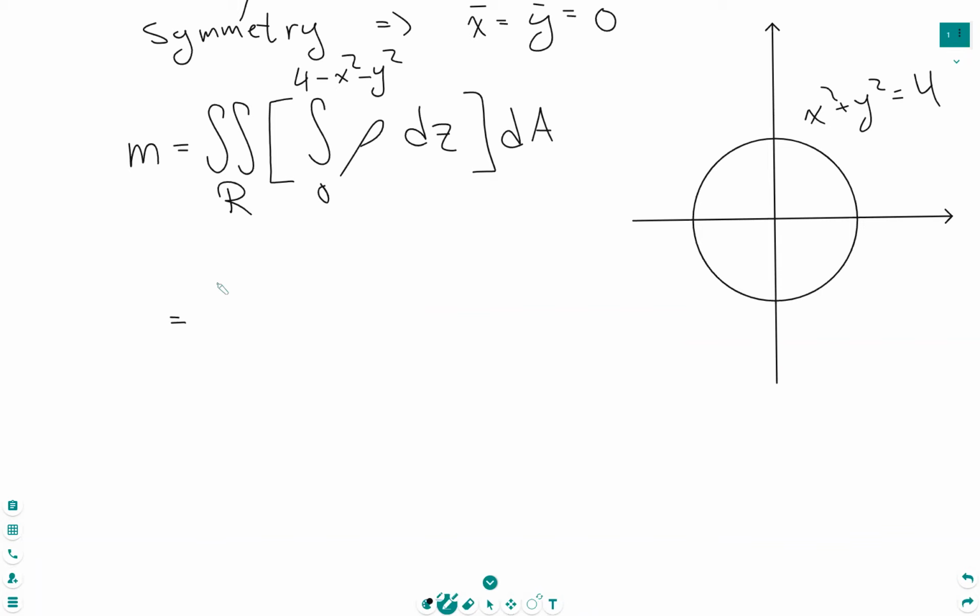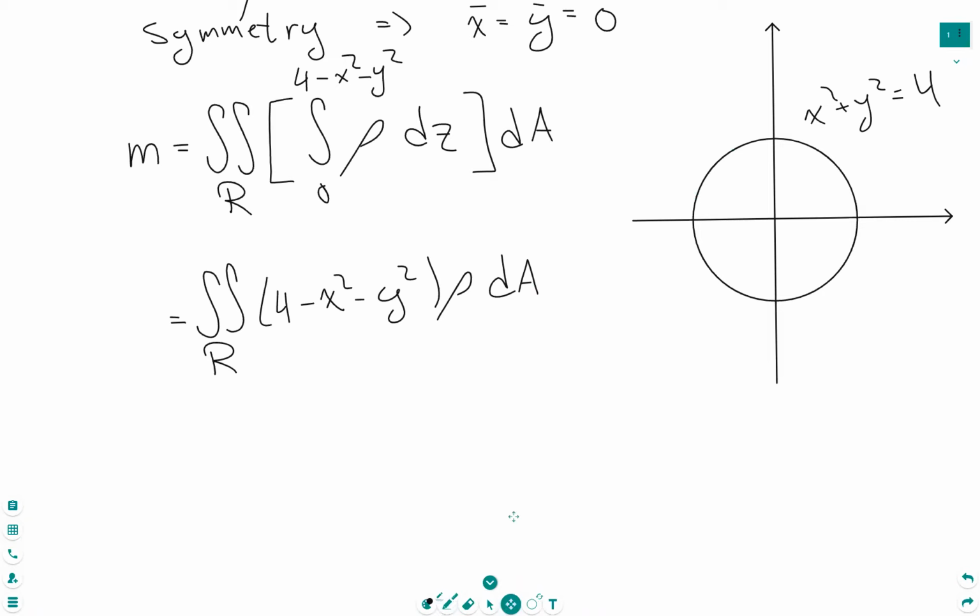This is equal to our double integral over R of 4 minus x squared minus y squared times our rho dA. So I can change this into polar coordinates now.